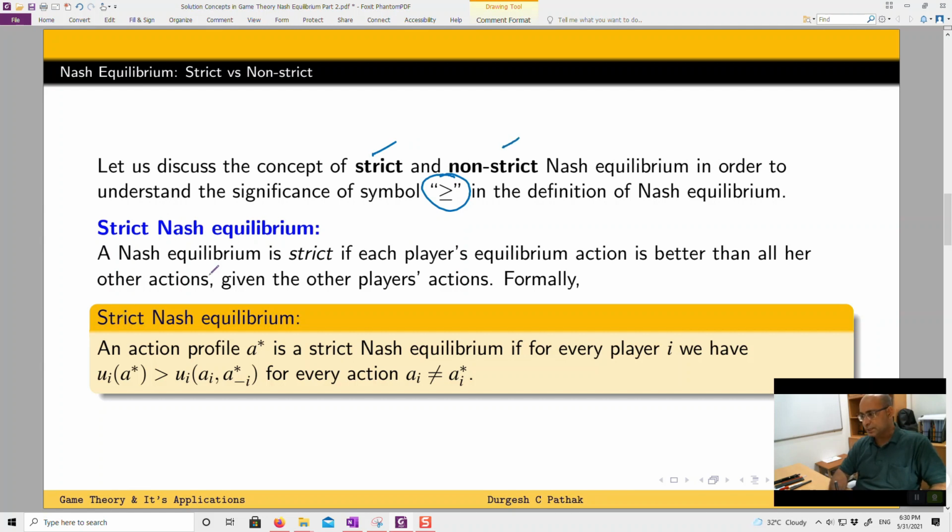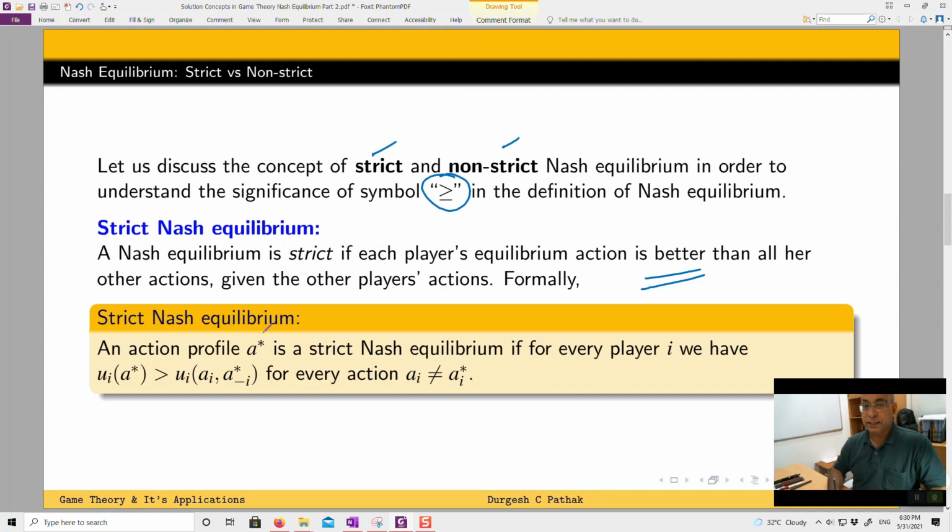What is a strict Nash equilibrium? We say that a Nash equilibrium is strict if each player's equilibrium action is better than, focus on this term here, better than all her other actions given the other players' actions. So you can say ceteris paribus.